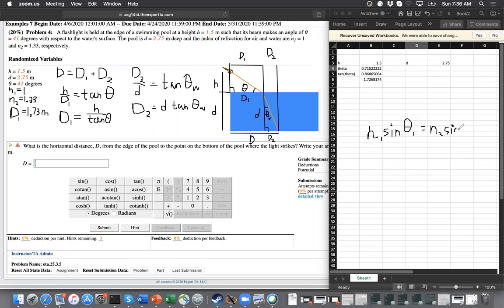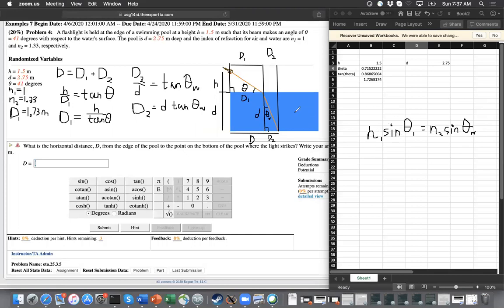But if you think about it, theta 2 is literally the thing I've just called theta w. So realize what we've got here. Sine theta w, so that's the thing we want. N2 and N1, we're given those, 1 and 1.33, and sine theta 1.